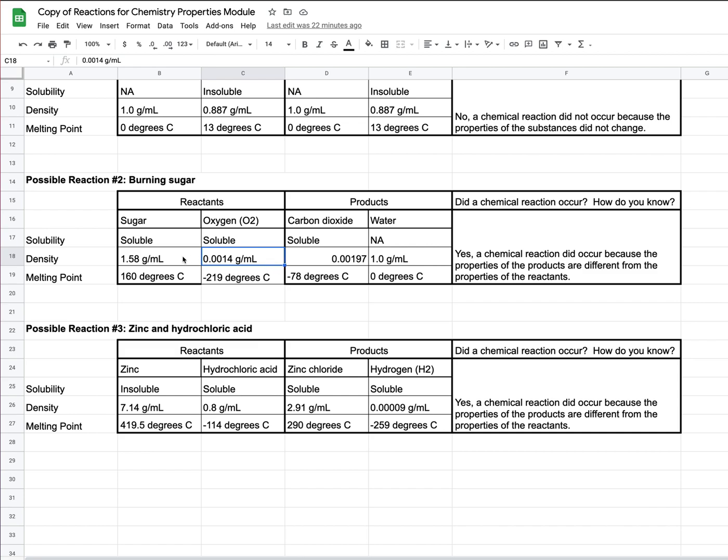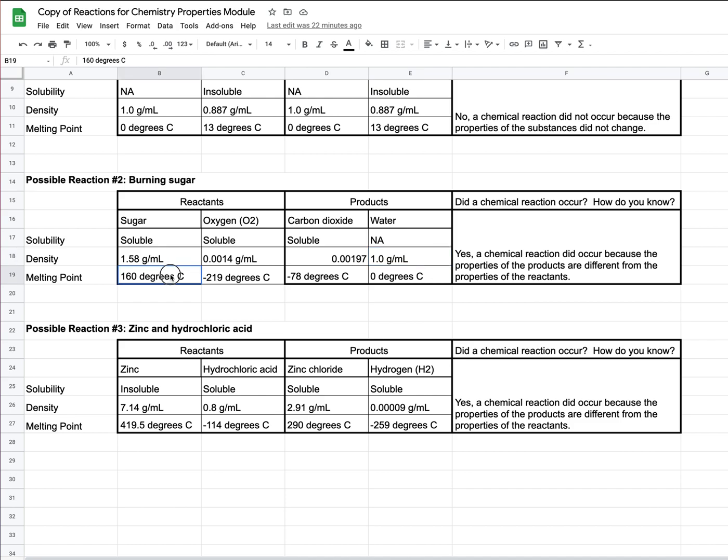So we have two extremes for our reactants, and the products are a little bit in between those extremes. But again, they're somewhere between, okay? So that's an interesting pattern.